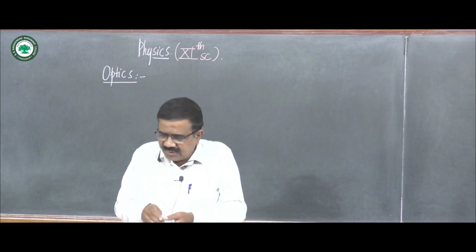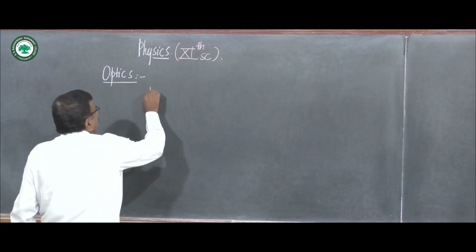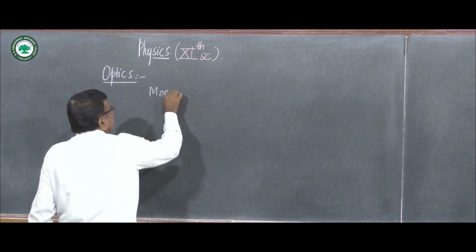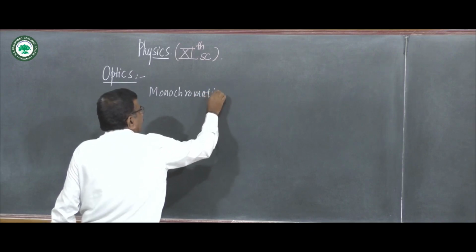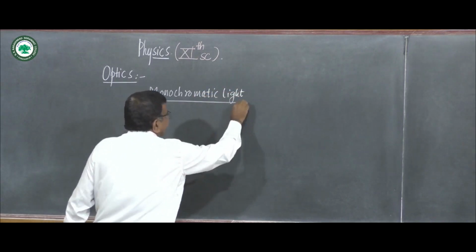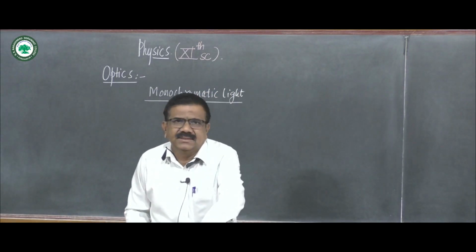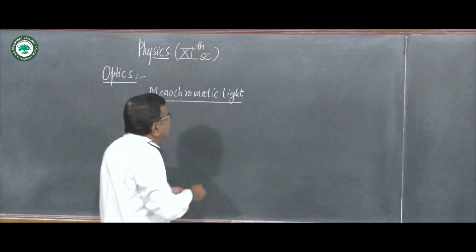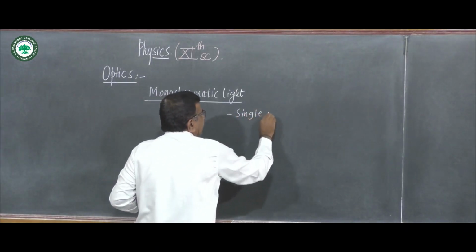Before dispersion of light, we first try to understand what is meant by monochromatic light. The light having a single wavelength or only one wavelength is monochromatic light.